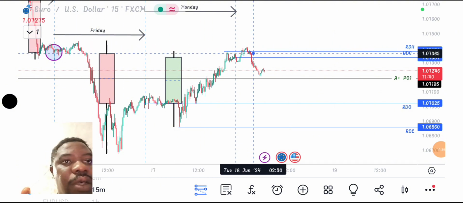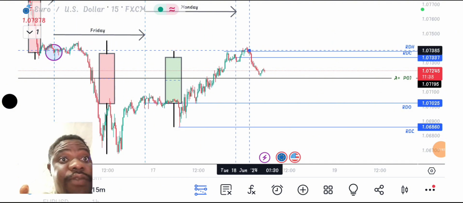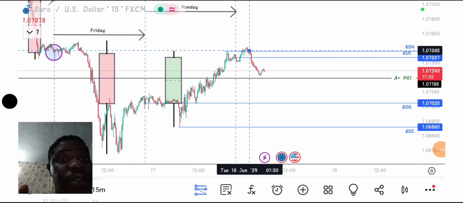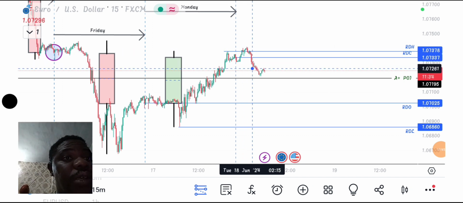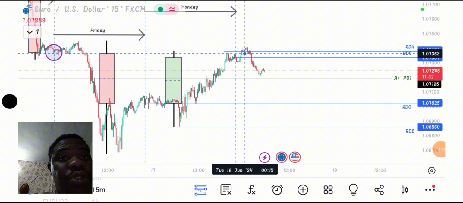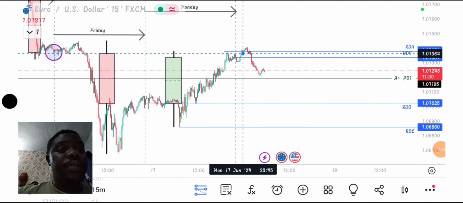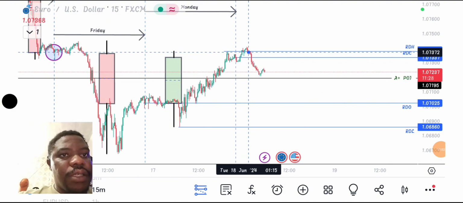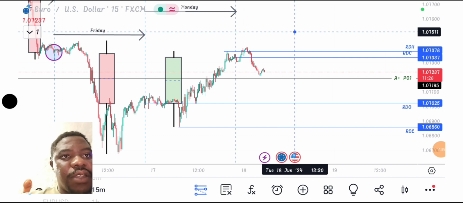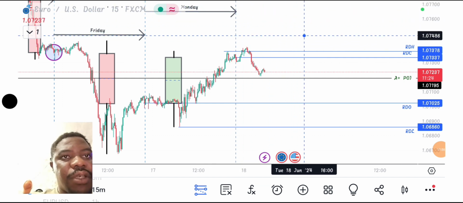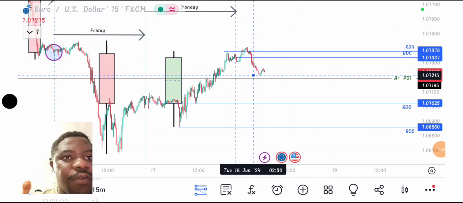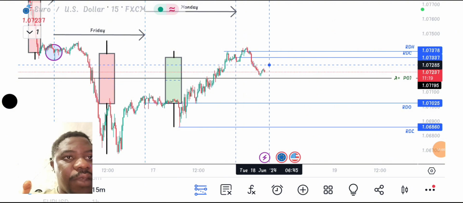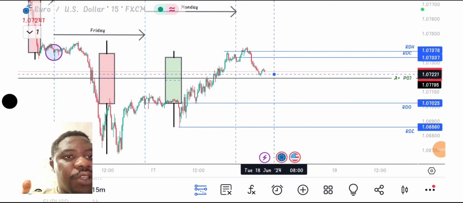So I'm still pretty much not convinced yet on what to do until I see the New York, London open. So let's see. I'll be planning to sell from above this side. I'll be planning to sell from here, or if I can still see price give me some kind of reaction here.